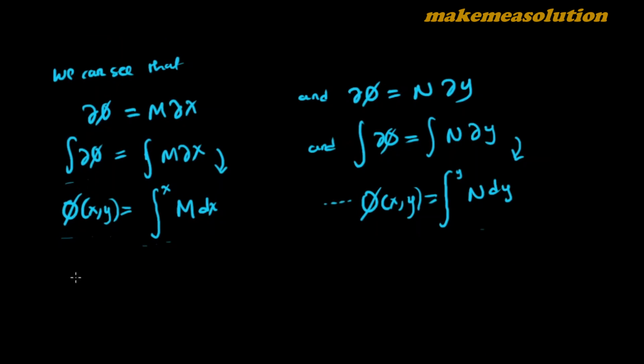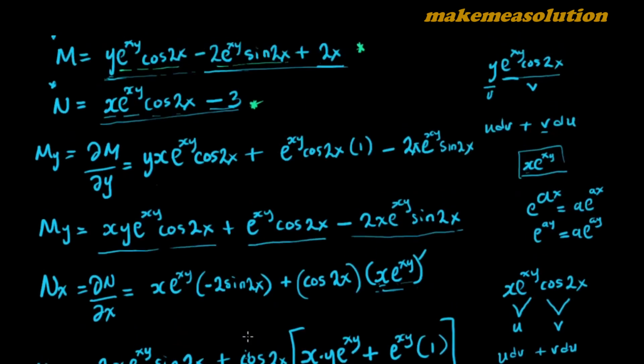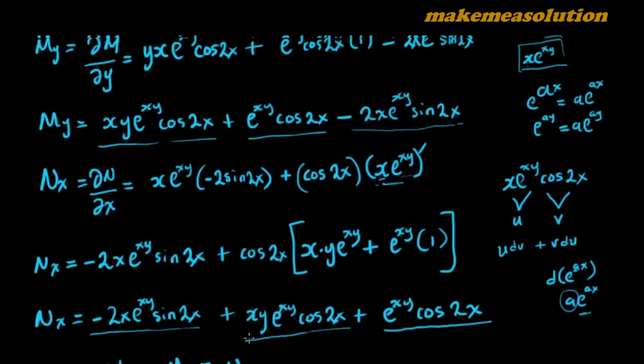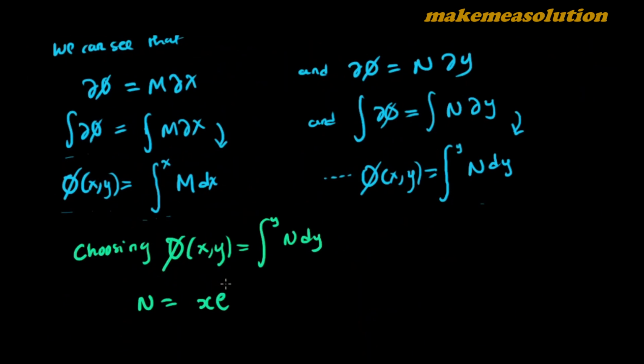So choosing to obtain our phi of x comma y using the integral with respect to y for N dy, where N is x exponential xy cos 2x minus 3.